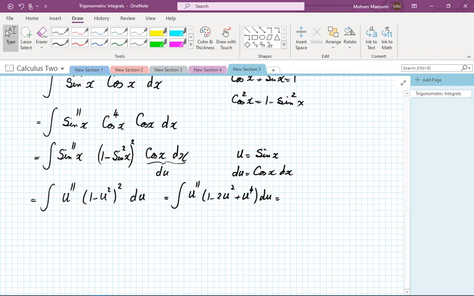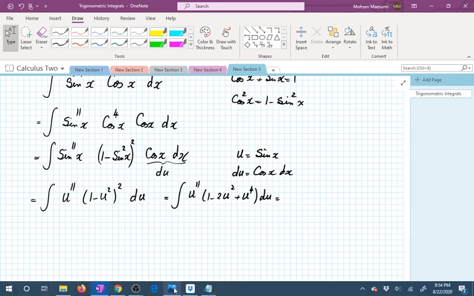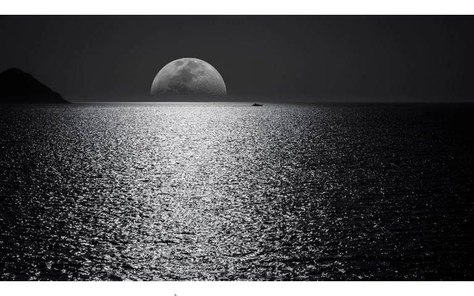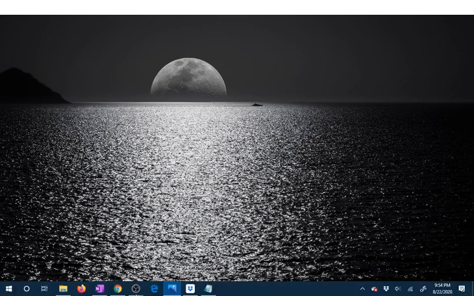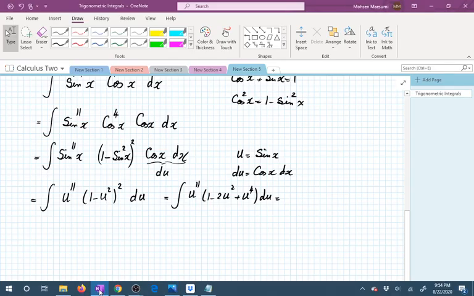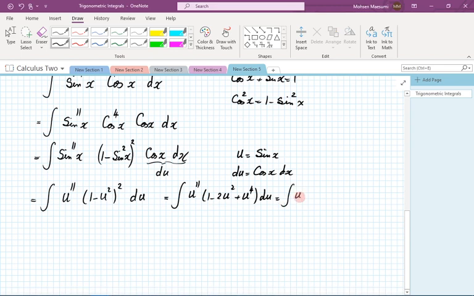Is that right? Let's make sure everybody participates. Quickly tell me in a matter of a couple of seconds what the integral will be. Of course we are going to have u to power of 11 minus 2u to power of 13 plus u to power of 15 du, and the antiderivative is going to be u to the 12 over 12 minus 2u to the 14 over 14 plus u to the 16 over 16, and a constant, and then we do back substitution.